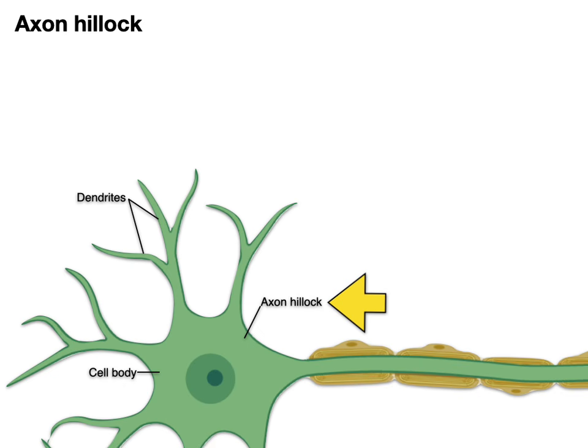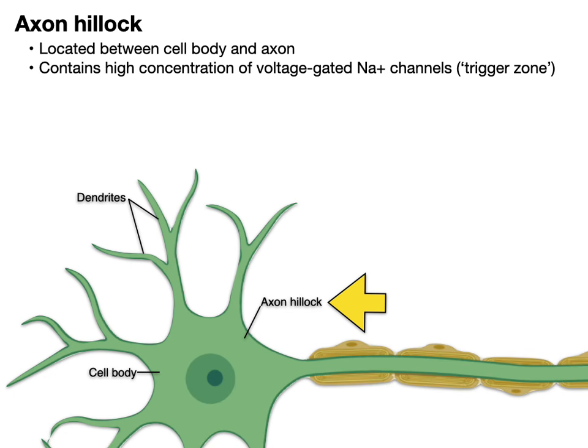Let's take a look at the axon hillock now. It's located between the cell body or soma and the axon. It contains a high concentration of voltage-gated sodium channels. The axon hillock is called the trigger zone because if you influence and change the excitability of the membrane here, you can open these channels, which initiates the action potential.